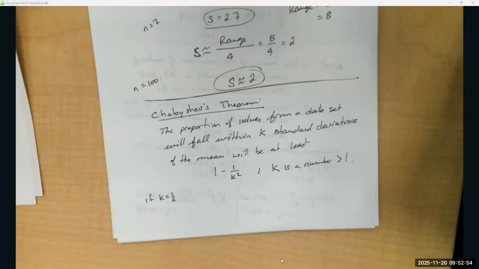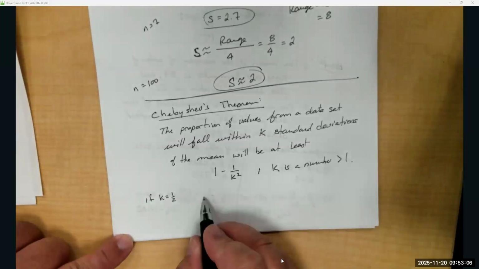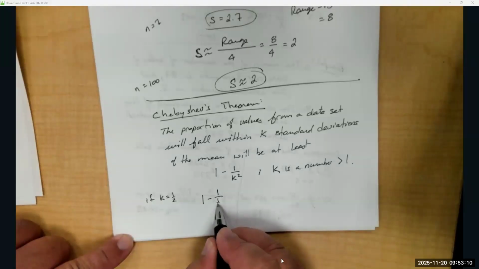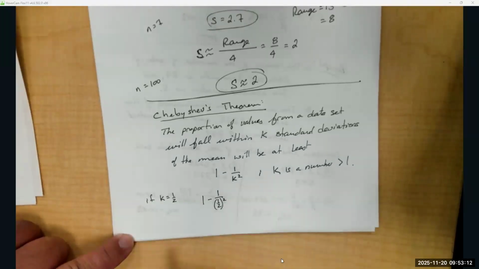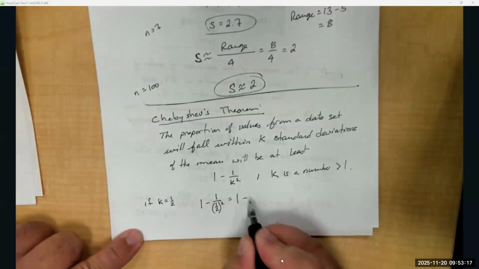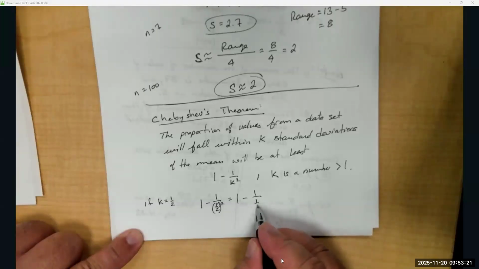Don't guess. This is a math class. Well, let's look at this. We have 1 minus 1 over 1/2 squared. Square the top and bottom, so it makes it 1 over 4.